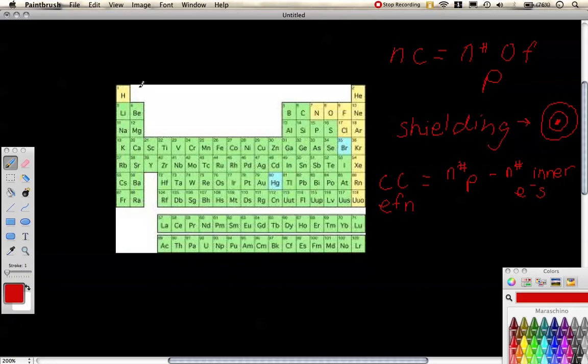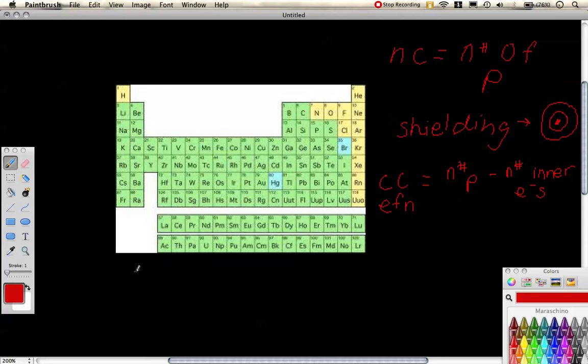Now, to summarize what we pretty much already know in terms of our periodic trend, whenever you're discussing periodic trends, guys, you're going to be looking at a trend across a period or down a group.